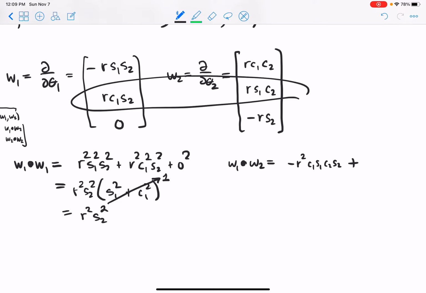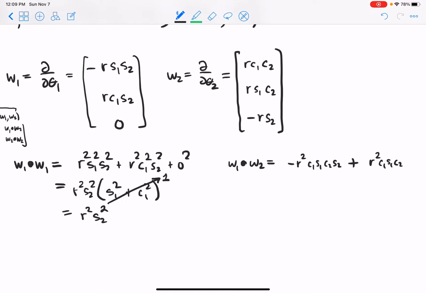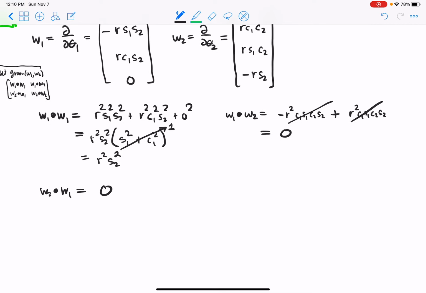And this is wonderful because I get exactly the same thing but with a plus sign. And those will cancel. Plus, now the last coordinate, 0 times something, will be 0. And so this entire thing is 0. But that means that W2 dot W1 is also 0. Excellent. Only one more coordinate for our Gram matrix.